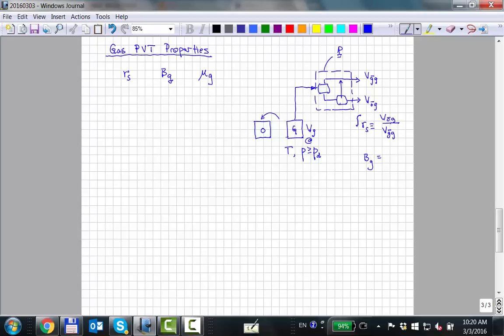This basically is reflecting the composition of the gas. It's a volumetric ratio, but it's kind of our gas composition, approximately.